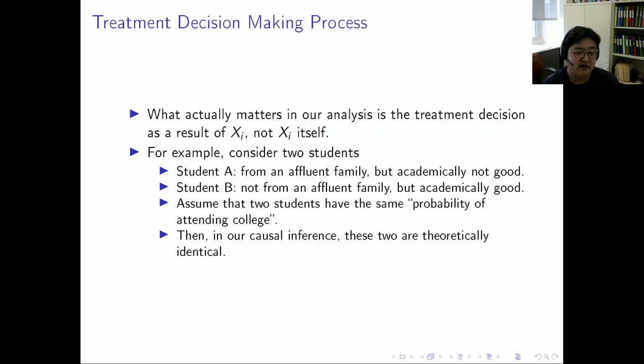So let me give you this example. Think about two students, high school students, who think about their college attendance. Student A, the first student, is from an affluent family, but academically, this student is not that good.